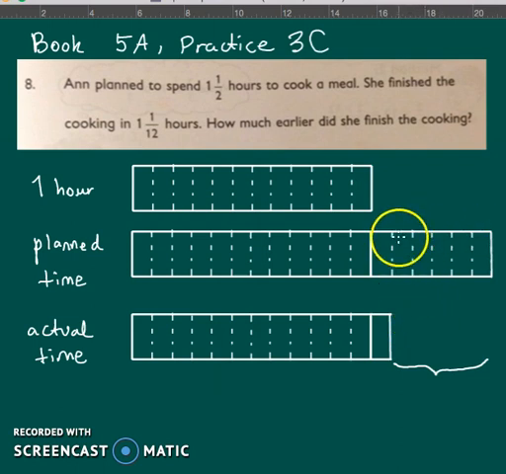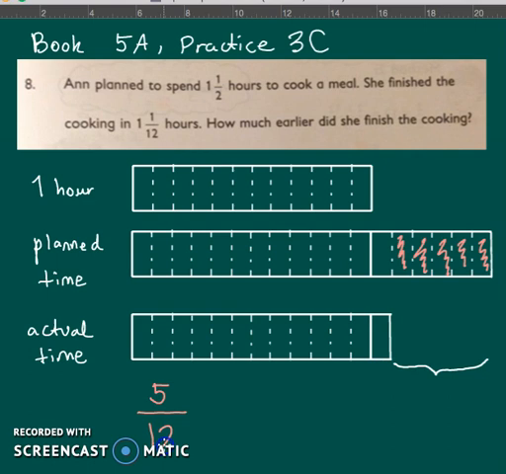So there are 1, 2, 3, 4, 5 of these little bars that represent the time that she planned to spend cooking but didn't actually end up needing. So we have 5 of these little bars, and each of them represents 1/12.